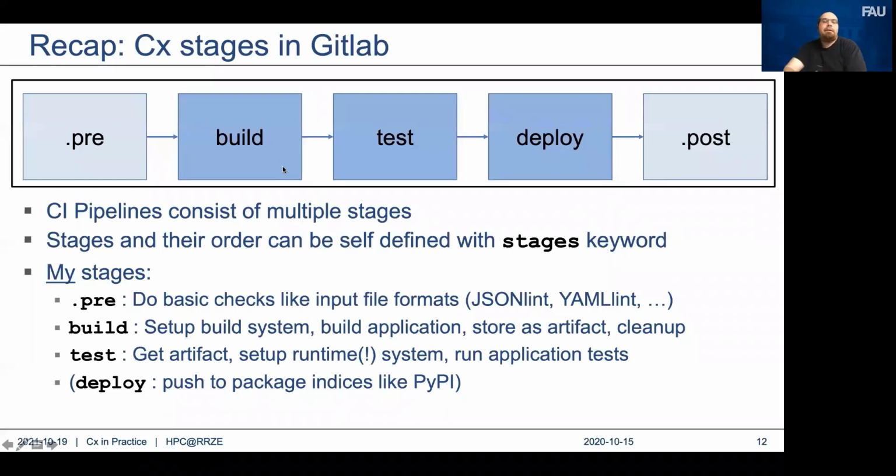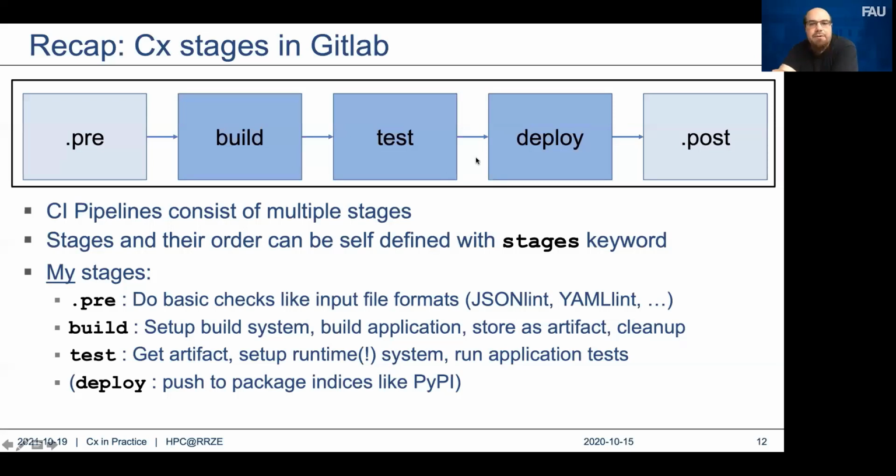Okay, so as I said already, there are these stages in the GitLab CI file. Here on top, you see the default stages as configured by GitLab itself. So we have a .pre stage, build, test, deploy as the main pipeline, and a .post stage, but you could define your own ones.